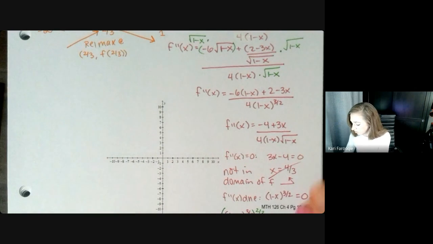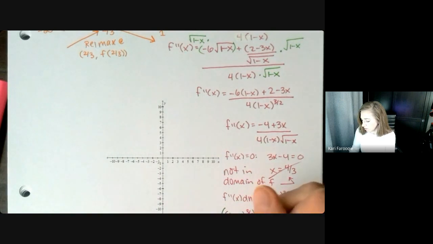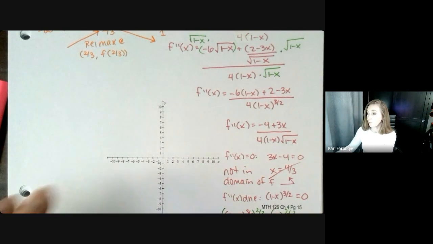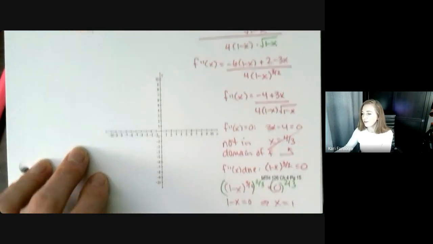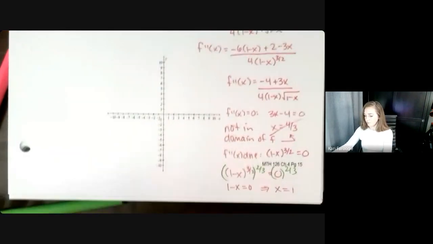And then equals 0 to the 2/3. And then you end up with 1 minus x equals 0 and x equals 1. Oh, gosh, I'm sorry. So far down here. I lost you all. Okay.